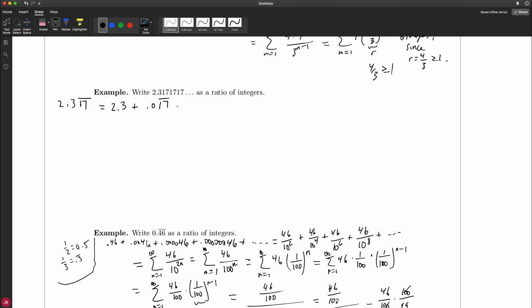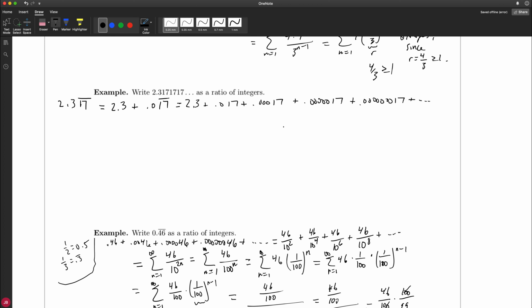Okay, and so this is 2.3 plus 0.017 plus 0.00017 plus 0.0000017, right? The next one would have more zeros, and then a 1/7, and so on and so forth, right?